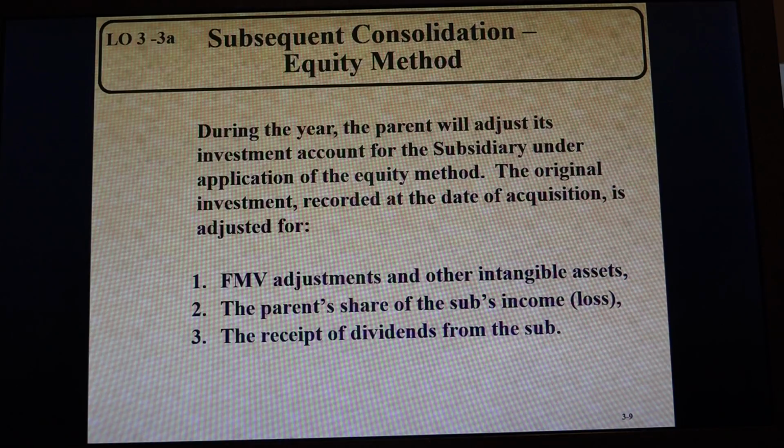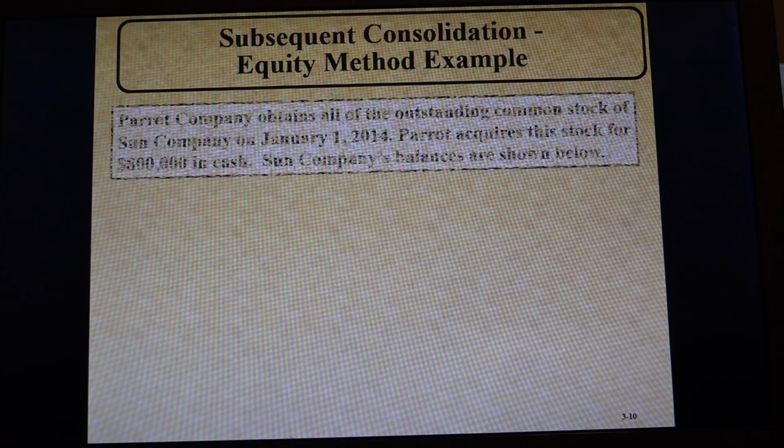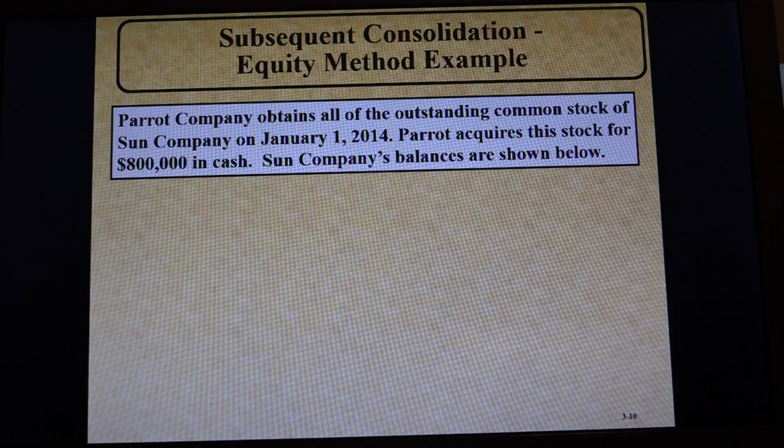You also have to account for the parent's share of the sub's income or loss, and you also have to account for the receipt of dividends from the sub. It reduces the parent's investment in the sub. All right, so here's our example.